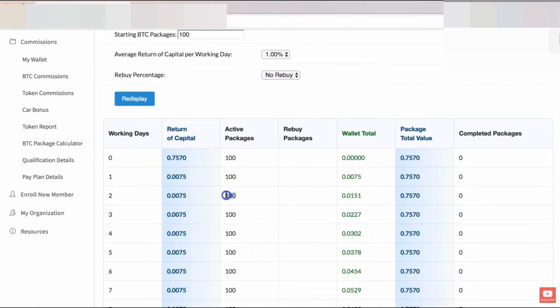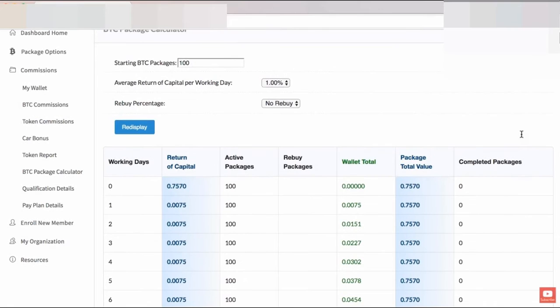So at that particular time, 100 packs is just over 0.75 Bitcoin. And then completed packages basically means that once any of those packs that you've bought in that period of time reaches 140% maturity, then they just drop off and they've reached their end of the bargain.